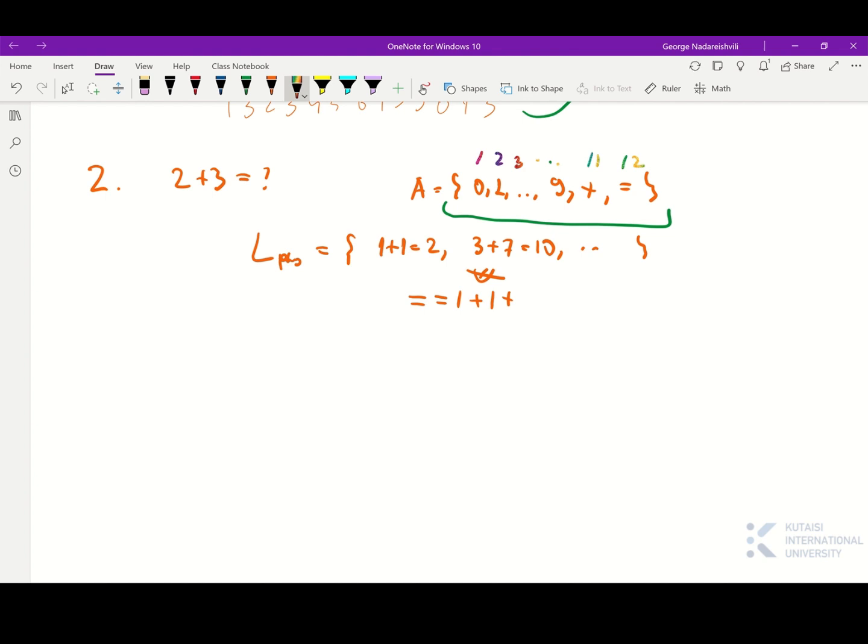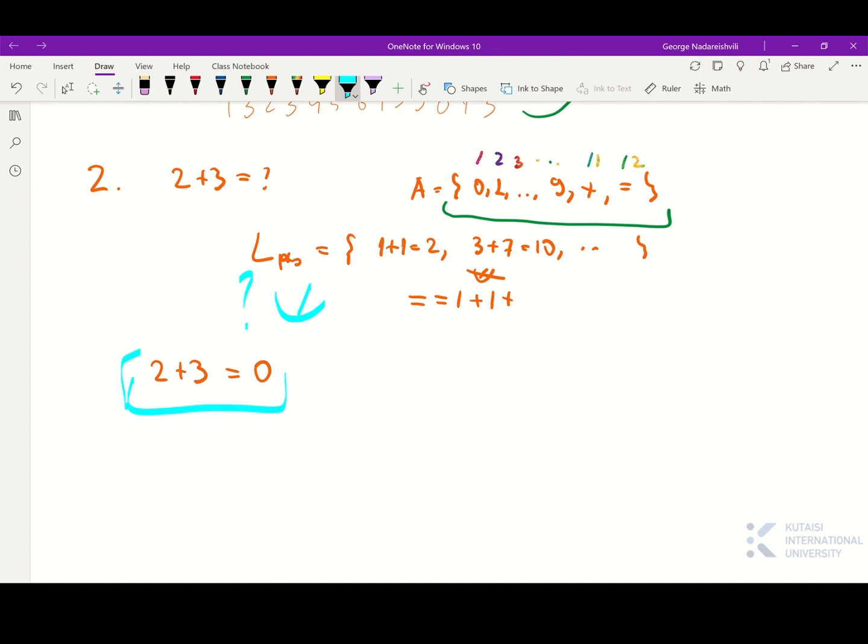And I start plugging in all the possible values. So first what I'm trying to do here is, let's say 2 plus 3, and I plug in the first value, 0. And then I have the string here, and I check whether this is here or not. If my L+ were regular, that means I have a DFA.